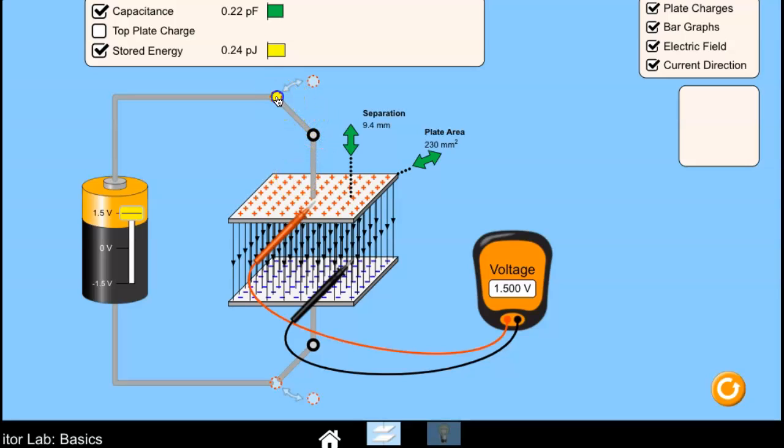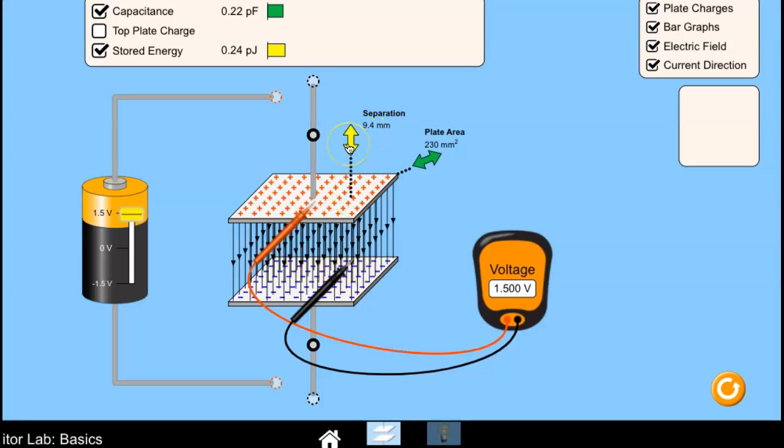Likewise, keep in mind that once I open this, as you found out the other day when we played with this, since the capacitor is not connected, it's not affected by the battery anymore, and it still stores that electrical potential. So the voltage is still 1.5 or whatever.